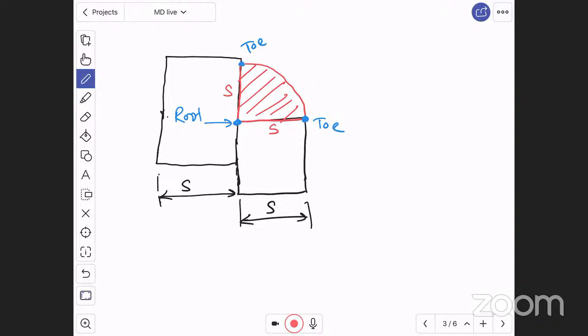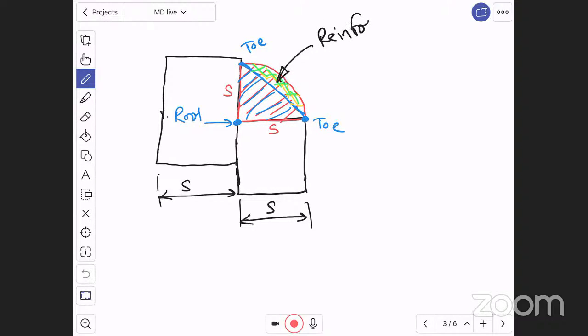Now, if I join both toe points with a straight line, for this straight line only the lower portion is required. This is the welding. Therefore, this upper portion is extra material. This upper portion is a human error, which is called reinforcement.